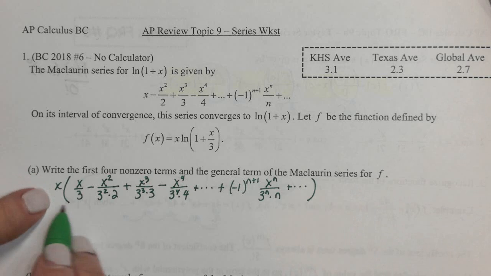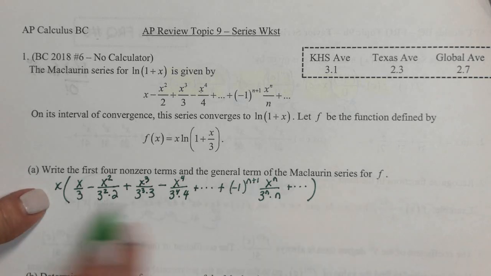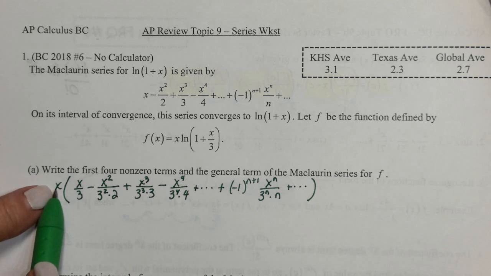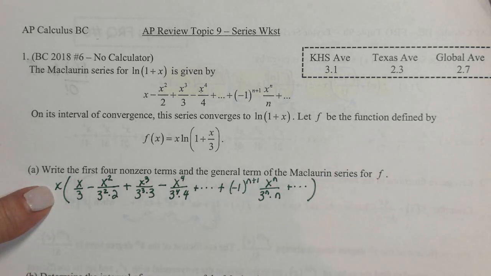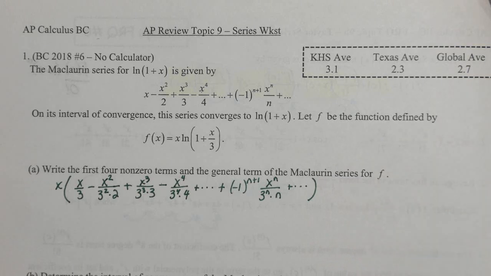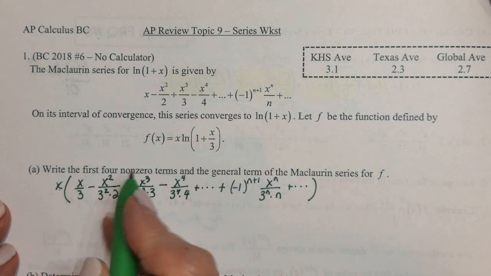Now, this is not a safe stop spot. It's not a safe stop spot because with this x out in front, it is not in the form of a Maclaurin series. If you're writing a Maclaurin series, it must be in the form of a Maclaurin series. So I'm going to go ahead and multiply through by the x.